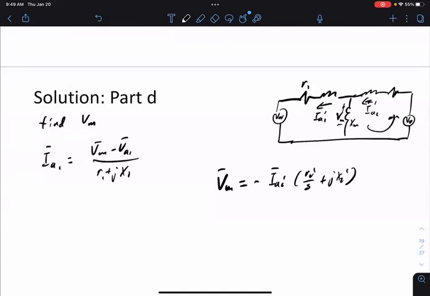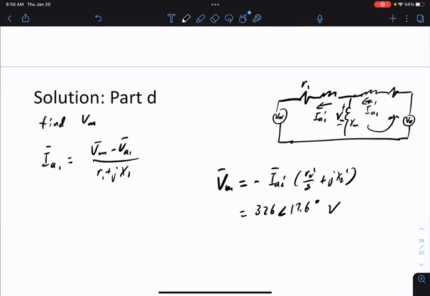So we have a current IA2 going through R2 prime over S plus JX2 prime. That voltage must equal the voltage drop on VM. That's Kirchhoff's voltage law being adopted there. We know IA2, so we can compute VM through this equation, and we got 326 angle 17.6 degrees volts.